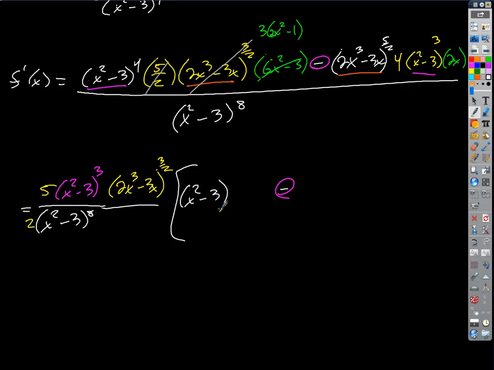And then I'm also left, it looks like, with a 3 times two x squared minus 1. So that's everything that's left from that first term when I pull all this stuff out, right? Everybody good with that? Questions on that?